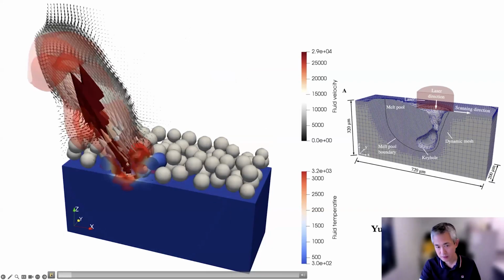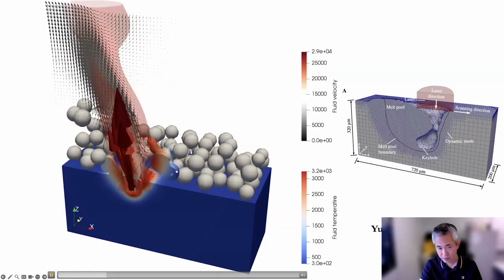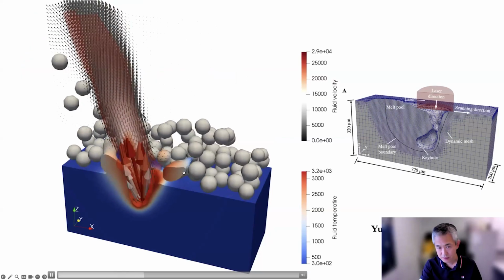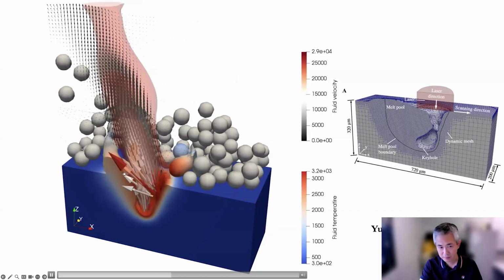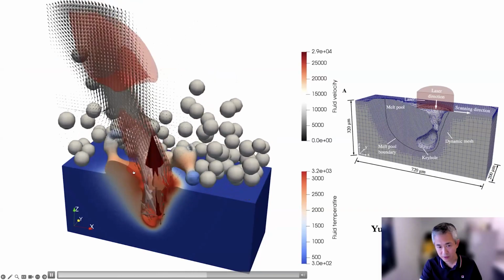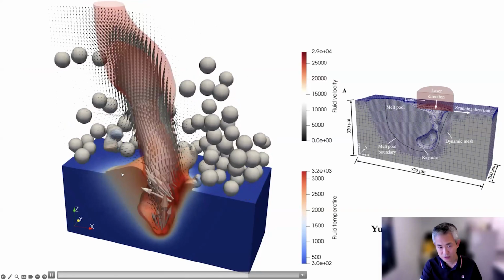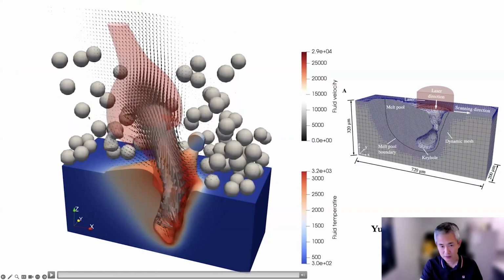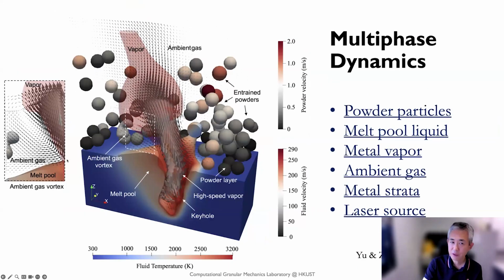So here's another illustration of how part of the particle is melted here. The other metal pool will form behind this scanning direction, and the whole particle is thrown away. If we recap the whole process, it can certainly show this multi-phase, multi-wave dynamics.